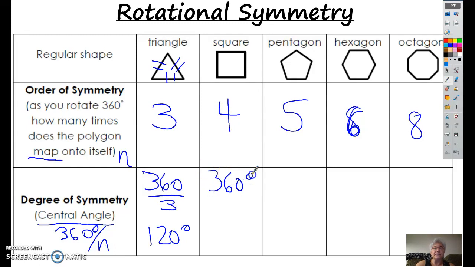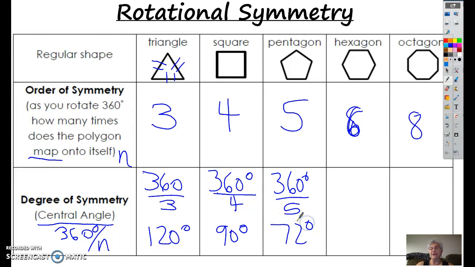360 degrees divided by n, or 4 for our 4-sided square, 90 degrees. 360 degrees divided by 5, 72 degrees. 360 divided by 6, 60 degrees.